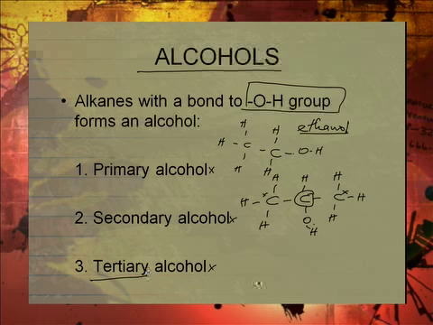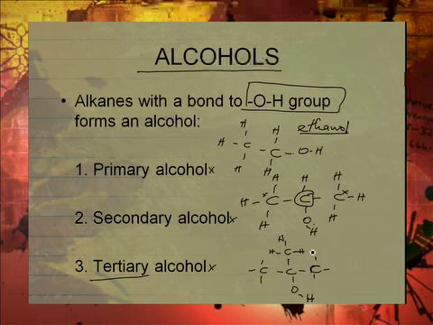What will then be a tertiary alcohol? The carbon atom to which the OH group is attached must be attached to 3 other carbon atoms for it to be a tertiary alcohol. Okay, so that is what we have there.